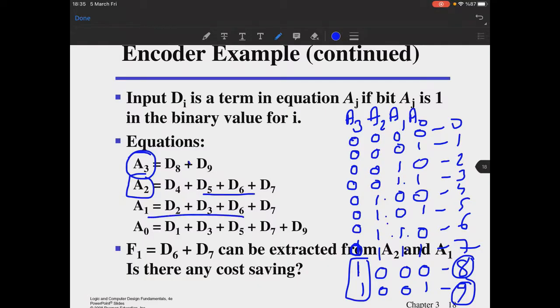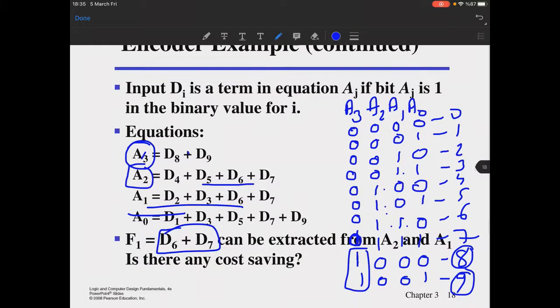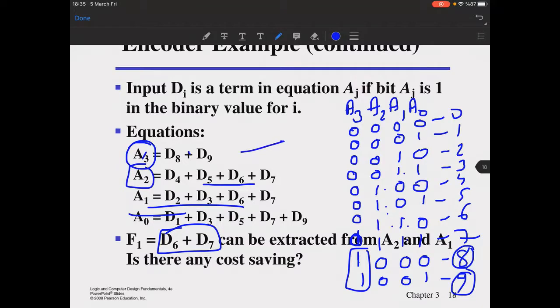And your A0 will be 1 in odd numbers, 1, 3, 5, 7, and 9, and then you will have all these together ORed for the BCD outputs. Now you can think that if you combine them, will that result in any cost saving? Of course not, because they're all single lines anyway.